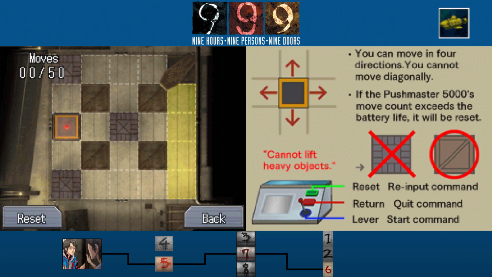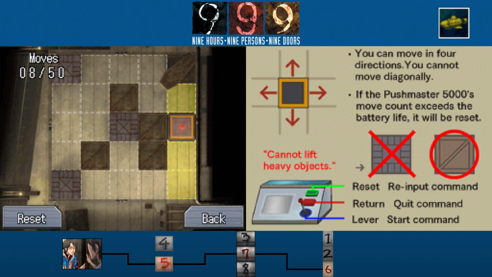We can't push it from up because that would mean we'd have to be where the coffin is. We would have to push it from below. So we need a box in that third from the top or second from the bottom spot. Get below it and push up. Like that. Now that spot is filled.